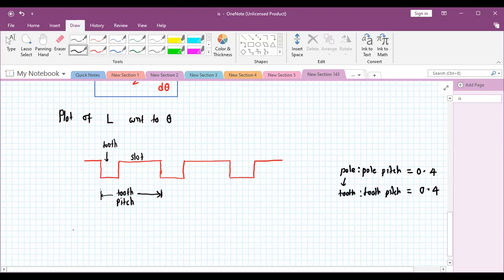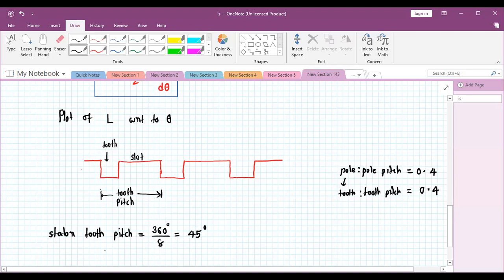Now in our case what we have discussed, we have 8 poles, 8 stator poles. So we can say stator tooth pitch is equal to 360 by 8. Okay, so it is 45 degree.